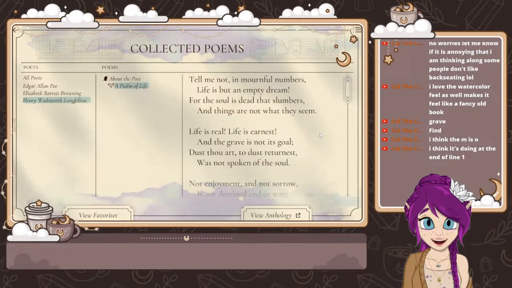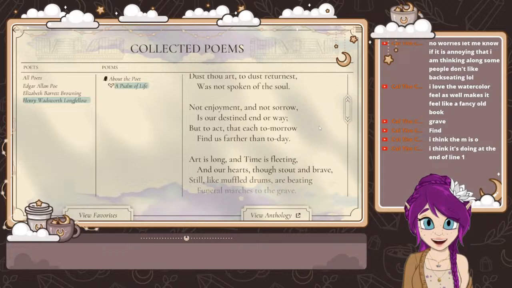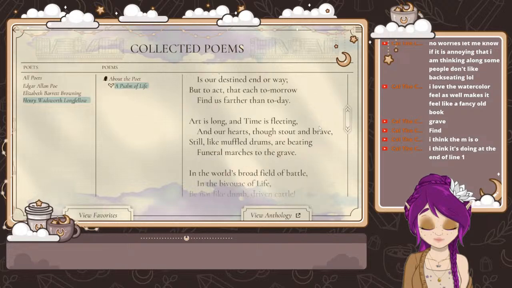Dust thou art, to dust returnest, was not spoken of the soul. Not enjoyment and not sorrow is our destined end or way, but to act from each tomorrow find us further than today. Art is long and time is fleeting, and our hearts, though stout and brave, still like muffled drums are beating funeral marches to the grave.